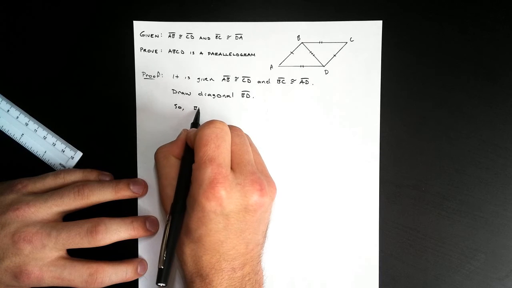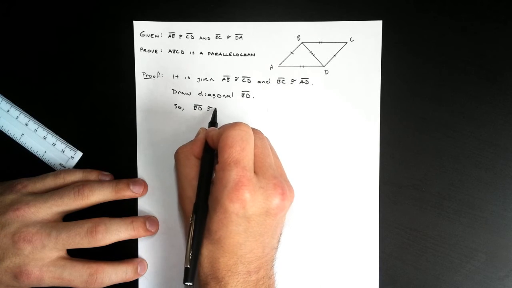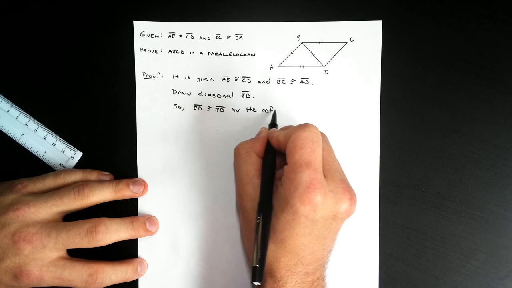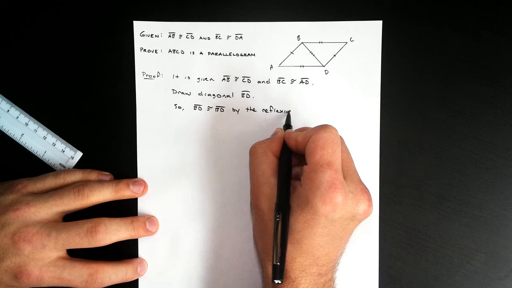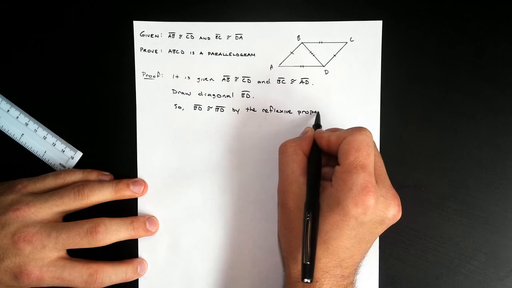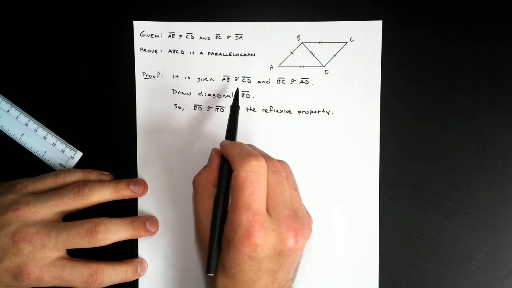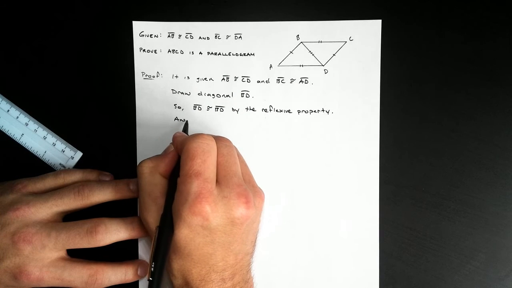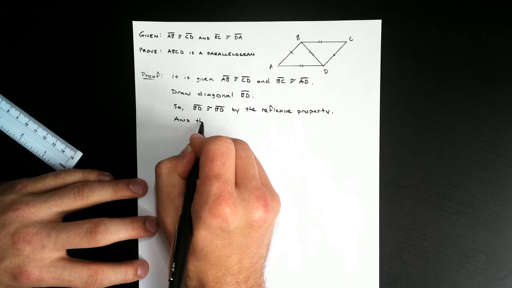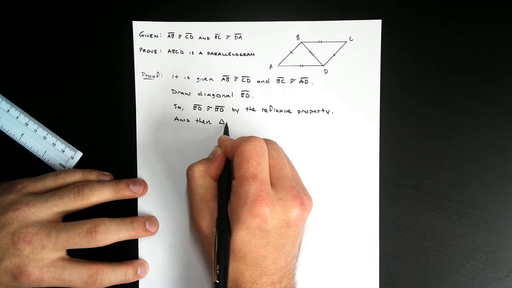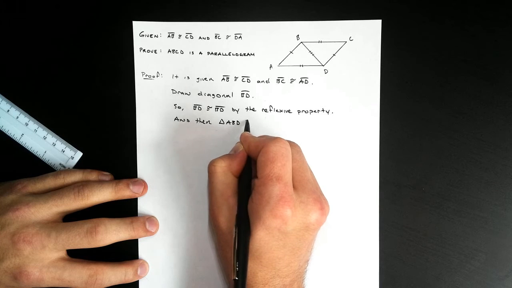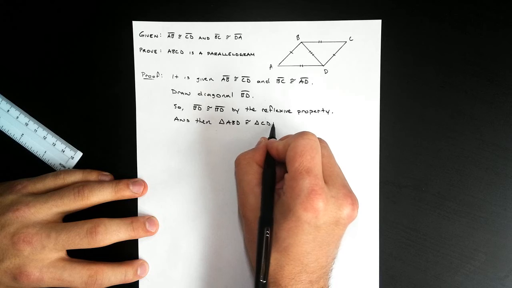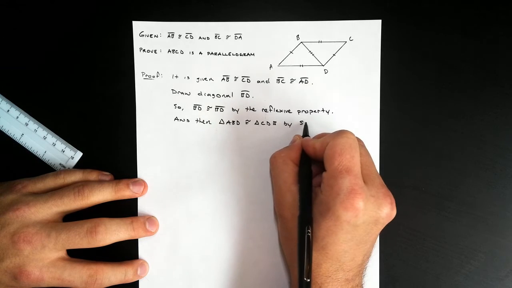So we know that BD is congruent to BD by the reflexive property. And that gives me 1, 2, 3 pairs of congruent sides. So we know that then triangle ABD is congruent to triangle CDB by side, side, side.